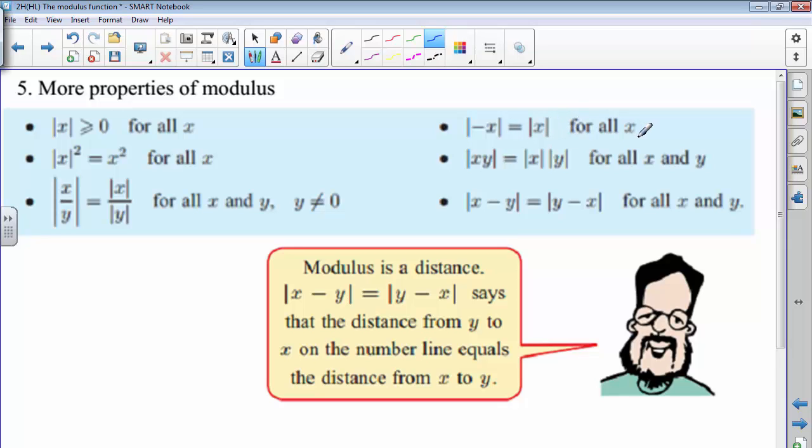This one is true for all x values. And this is the multiplication property that we just talked about in example 4. The absolute value of x minus y equals the absolute value of y minus x. So in the absolute value, if you switch these two numbers around in the subtraction, the results should be equal.